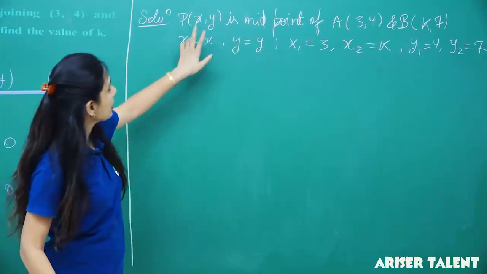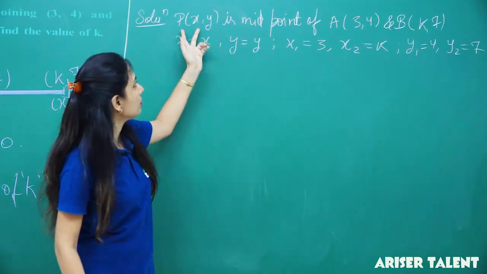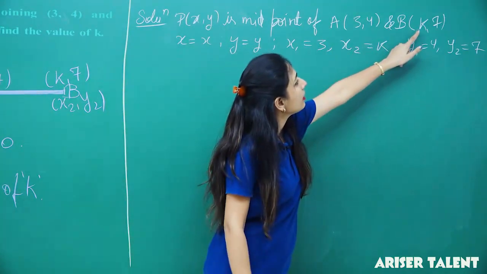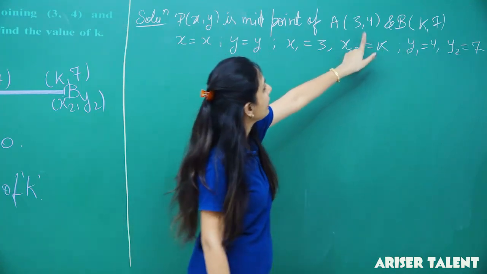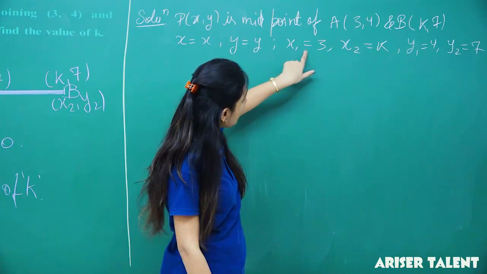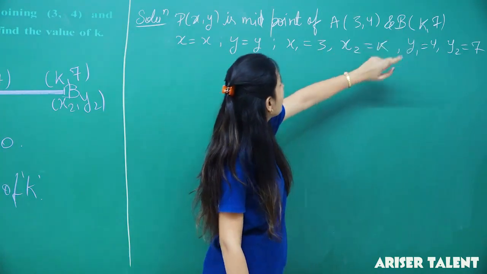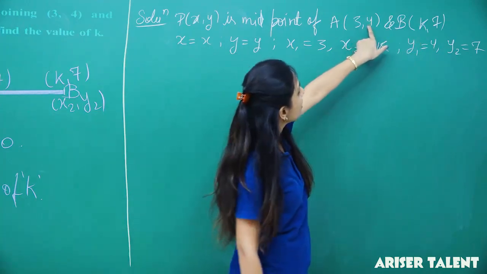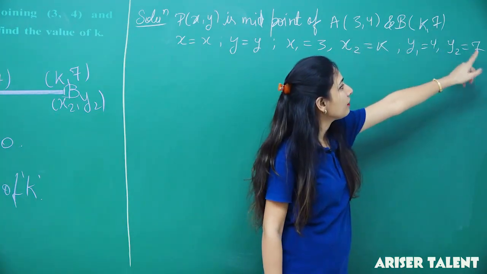How? Because x and y are the midpoint, and x1 is 3 and x2 is k, and 4 is your y1 and 7 is your y2.